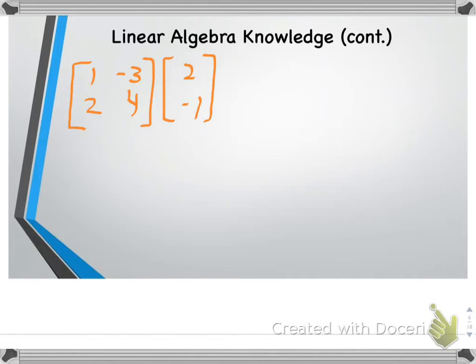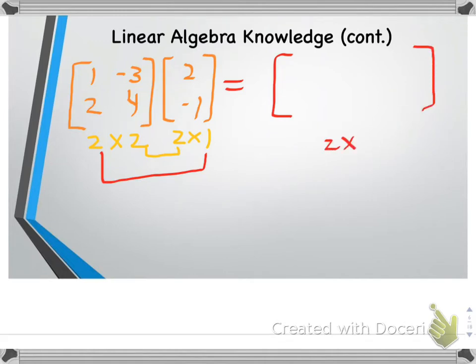The thing to remember is, in general, for any type of matrix, you can only multiply the product if, notice this is a 2 by 2 matrix and this is a 2 by 1, these two have to be the same, otherwise you are not able to do the product of a matrix times a column vector. Those two have to match up, and the resulting dimensions give you what your final vector will be. So this tells us our final vector will be a 2 by 1, so 2 rows and 1 column.